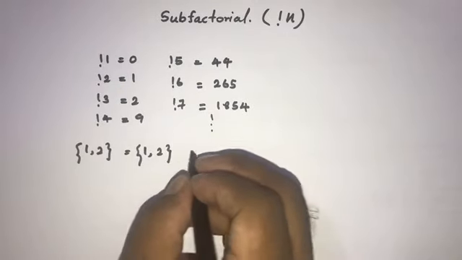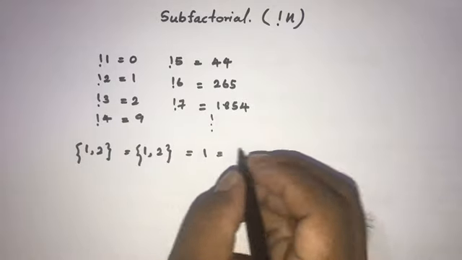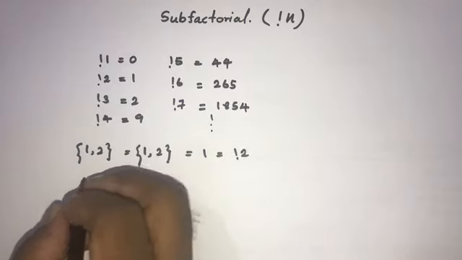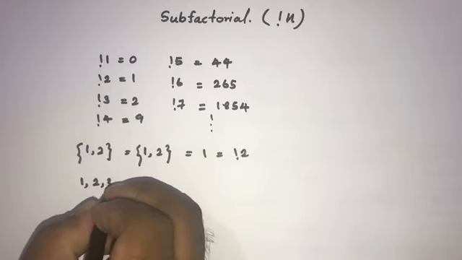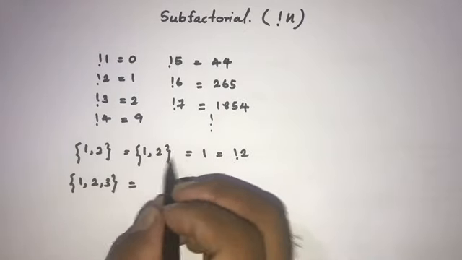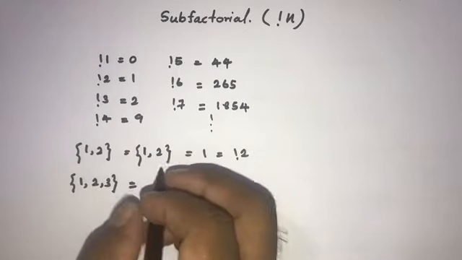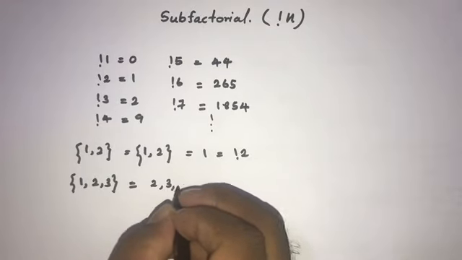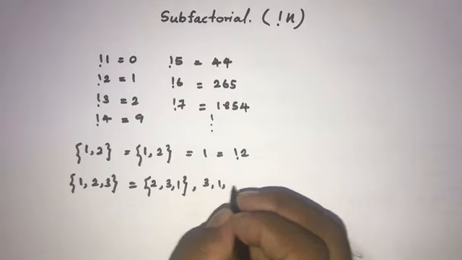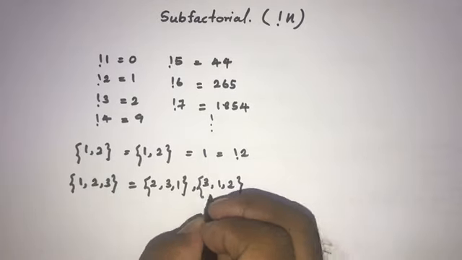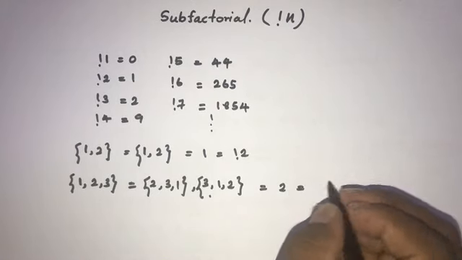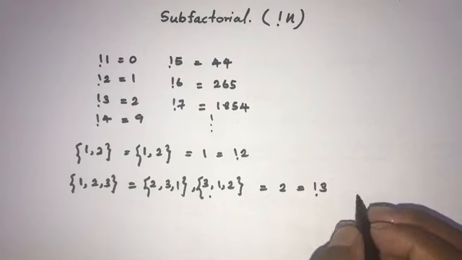Only one term, so this is equal to 1, and we know this is 2 subfactorial. Next, if we take 1, 2, 3, we can write the derangements of 1, 2, 3. So 2, 3, 1, and 3, 1, 2. Now 2 terms, so this is equal to 2, and we know this is 3 subfactorial.